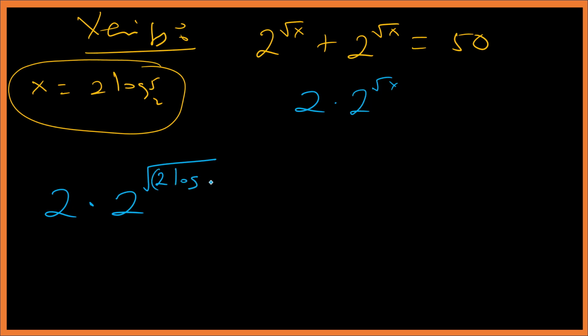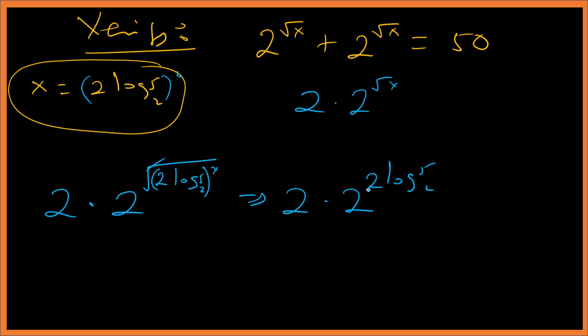So everything squared. And this squared will cancel, which will be 2 times 2 raised to 2 log 5 to base 2.